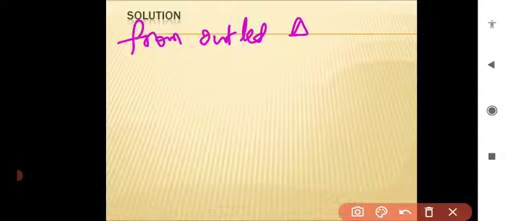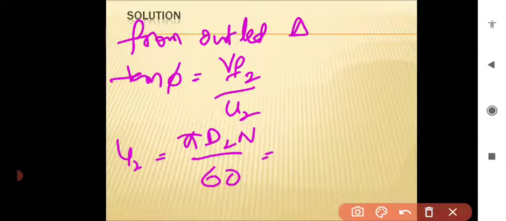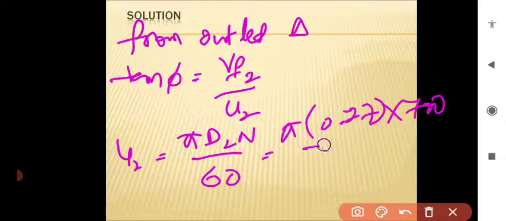Now from the outlet triangle, tan phi is equal to VF2 by U2. So first we have to calculate the velocity of the vane at outlet, pi d2 n by 60, that is equal to pi into 0.27 into 700 by 60.